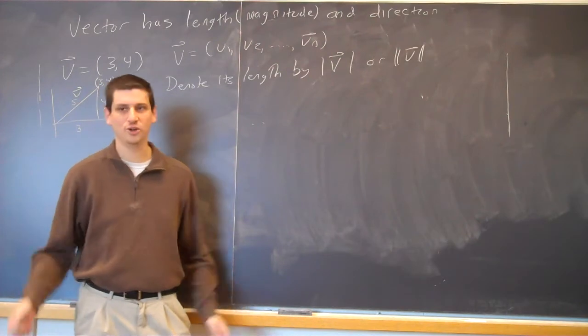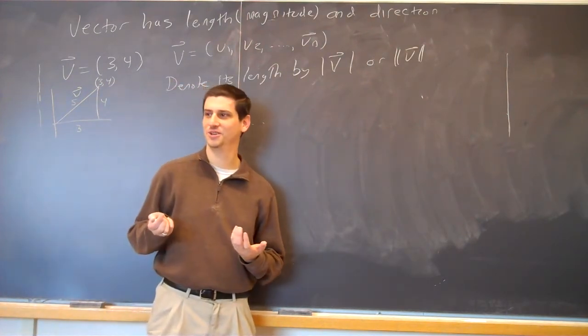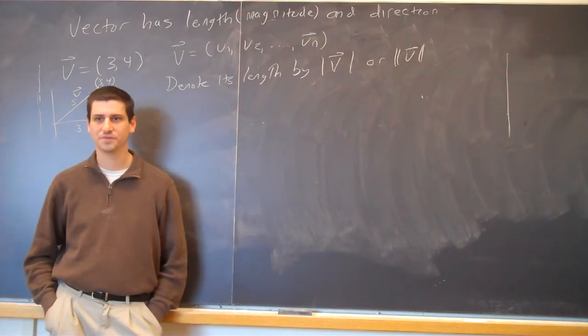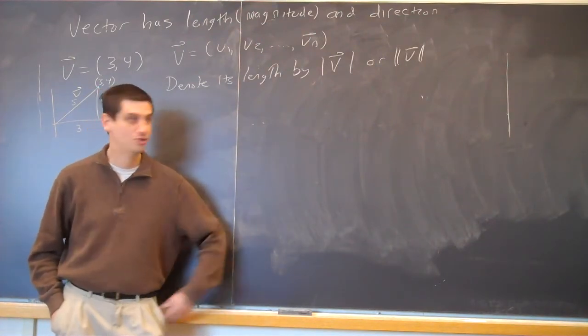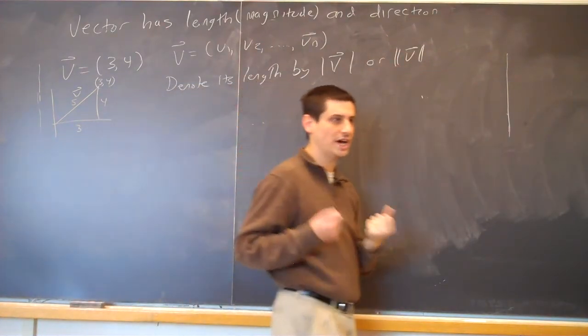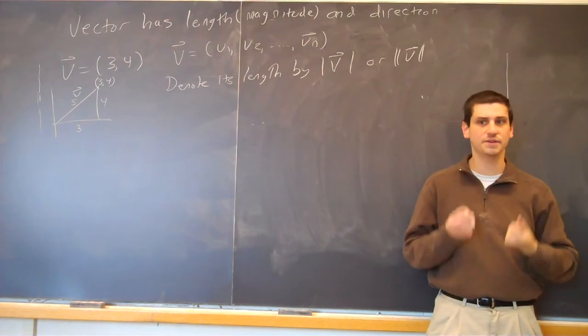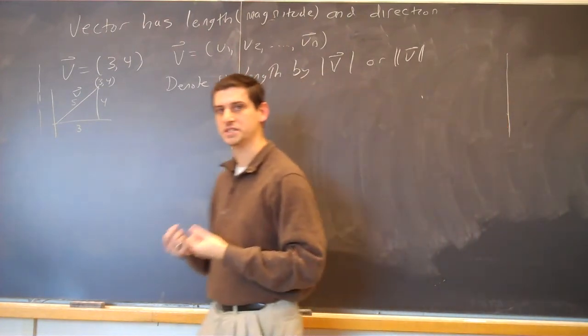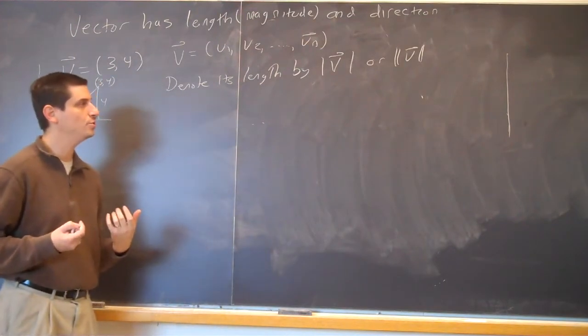Which notation, and I know you've only known me for like a class and a half now, which notation do you think I prefer and why? Yes? The 2 lines because it differentiates from absolute value. Excellent. It differentiates. It's something new. When you see the double lines about V, it's like, oh, I'm doing a length of a vector. It's reminding you, I have a vector that's being studied. So again, I like visual clues.